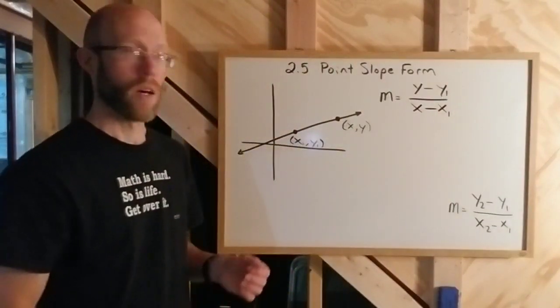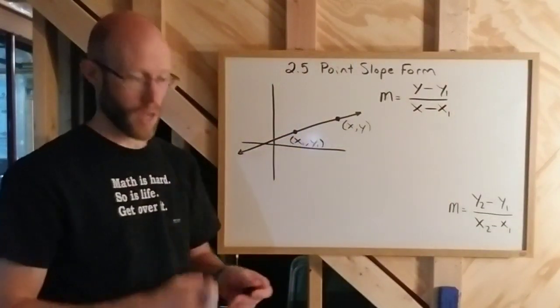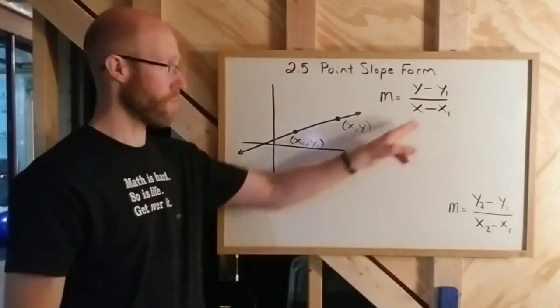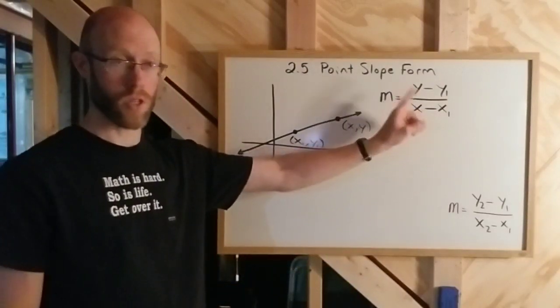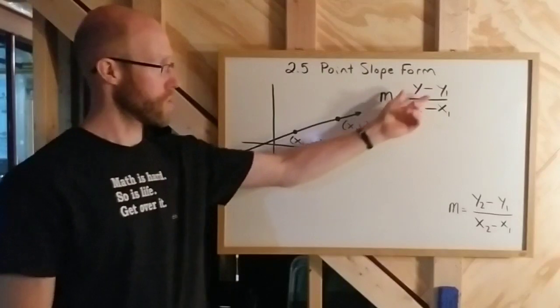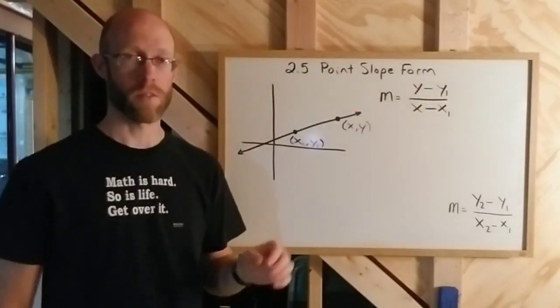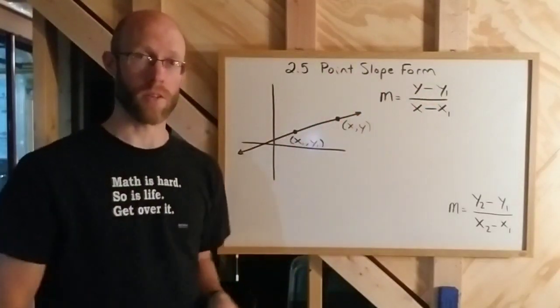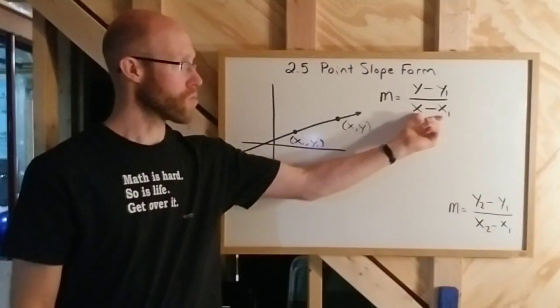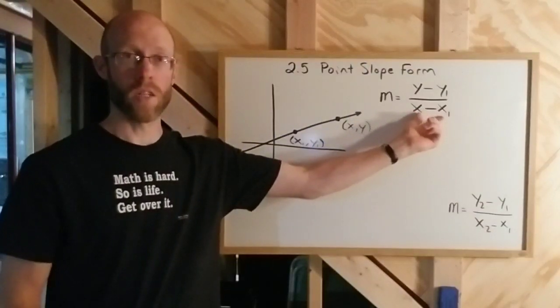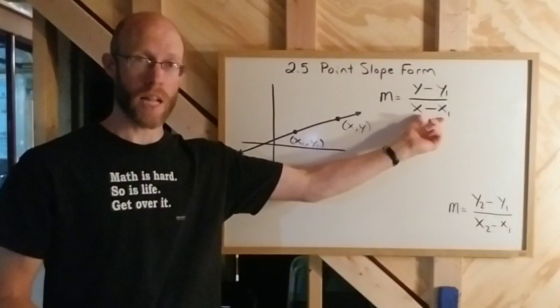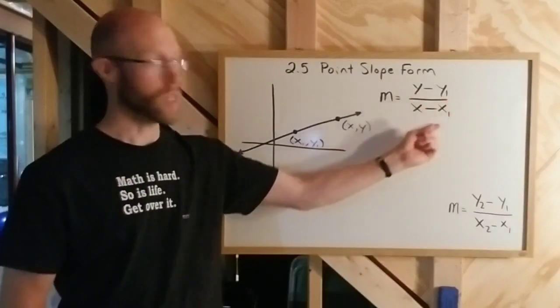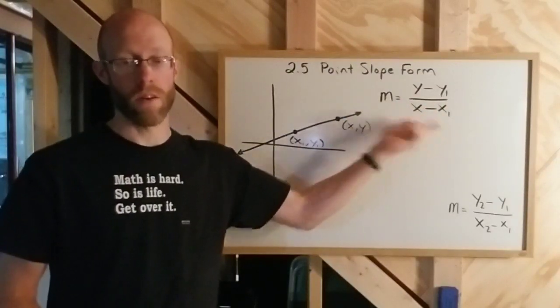Now, we talked about this back in chapter 1, that anytime you have a fraction in an equation, and I'm going to try to get my y's on one side of the equation and everything else on the other, when you try to get rid of a fraction, you multiply by the least common denominator. Here, the LCD is just the denominator.